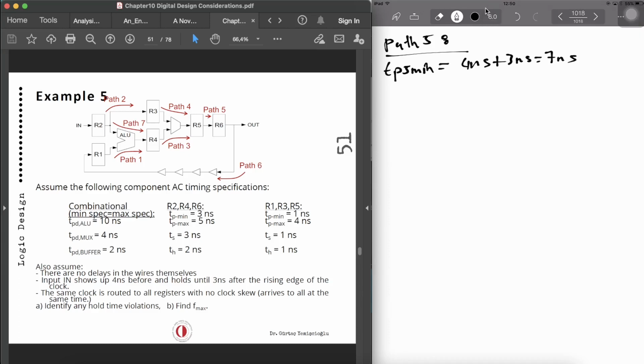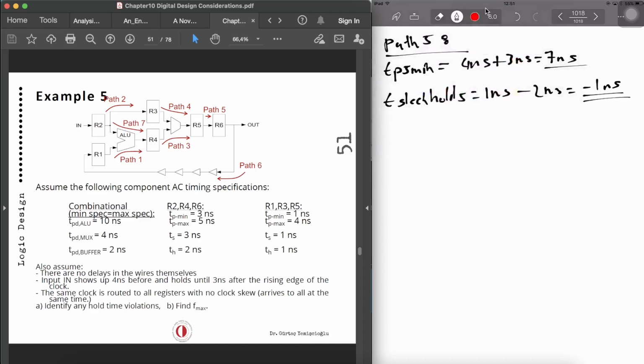And we repeat for T slack hold. That's going to be the minimum of R5, which is 1 nanosecond, minus R6 hold time, which is 2 nanoseconds. Now we have got minus 1 nanosecond. So we have got a violation over there. There's a timing failure.